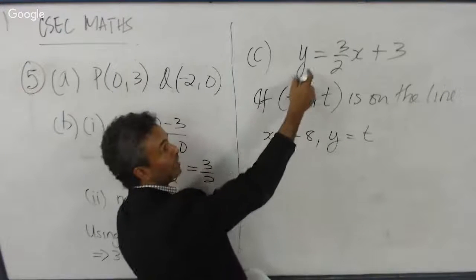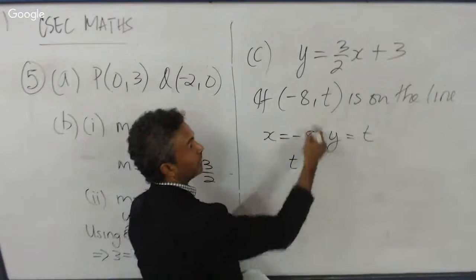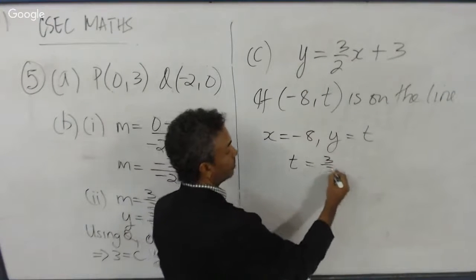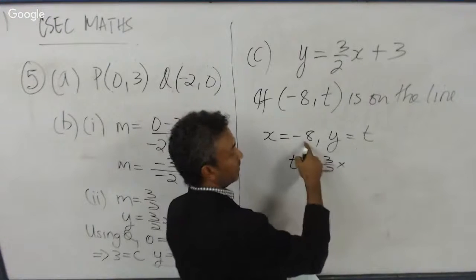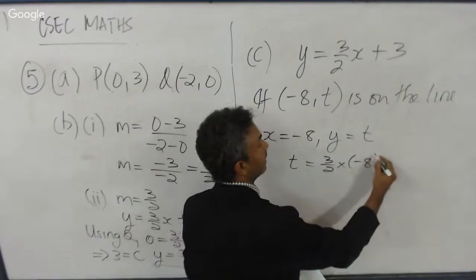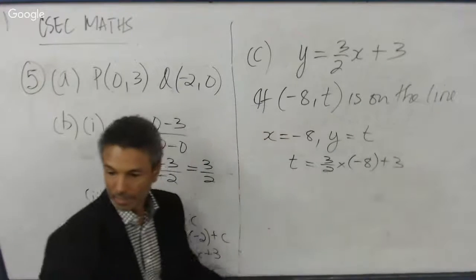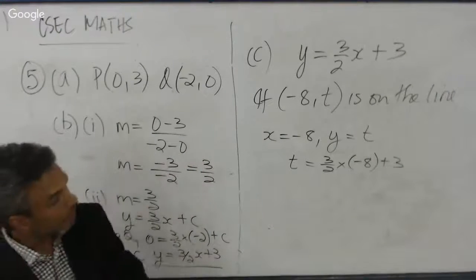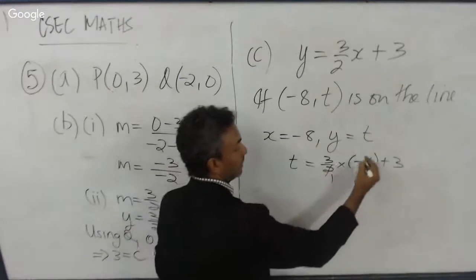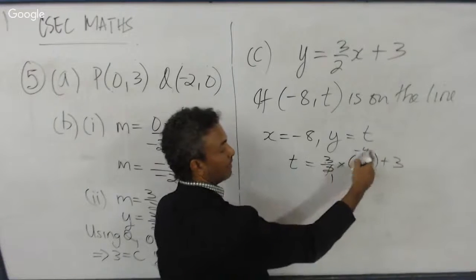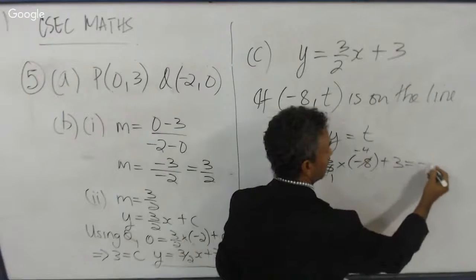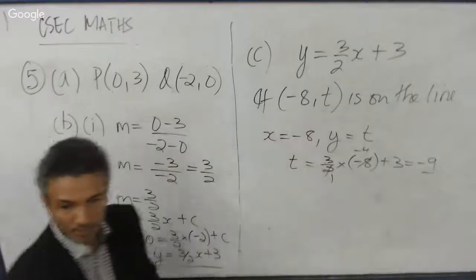Plug them in: t equals 3/2 times -8 plus 3. 2 into -8 is -4, times 3 is -12. -12 plus 3 is -9.